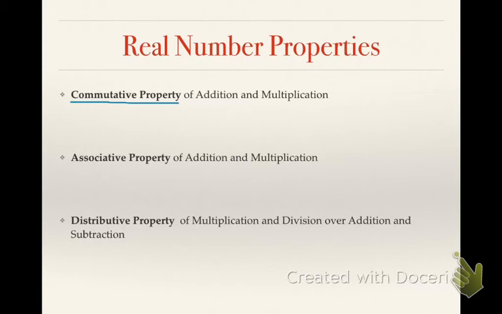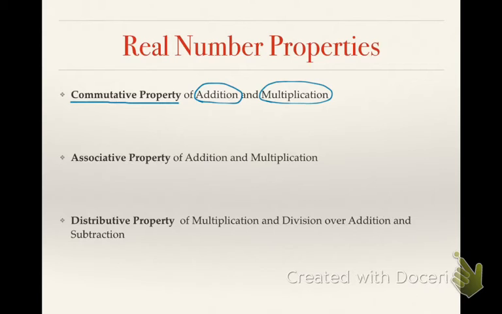Commutative property applies to either addition or multiplication. When I say addition, that could mean subtraction, because subtraction is really just addition with negatives. Multiplication also refers to division, because division is really multiplication by reciprocals.